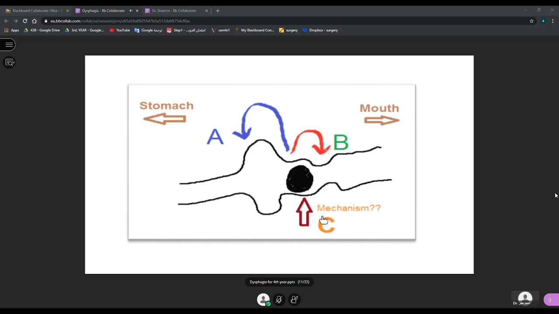Here we have a mechanism, and two chemical substances or neurotransmitters which facilitate progression of this bolus of food down the esophagus. Actually, this question is about peristalsis. My question to you is, what is this mechanism? What is substance B, and what is substance A?